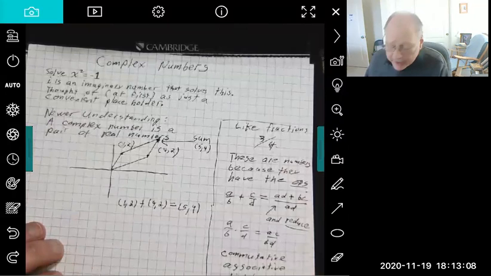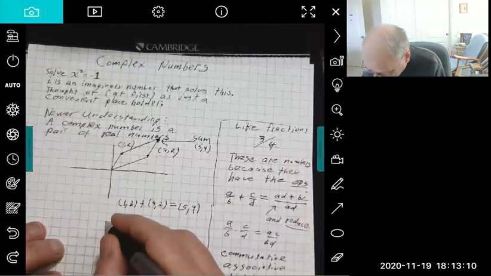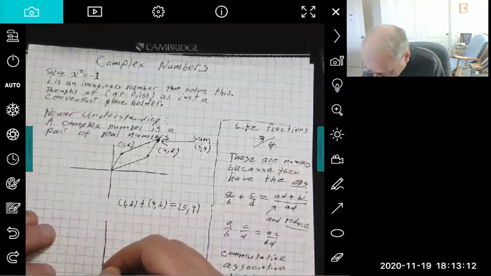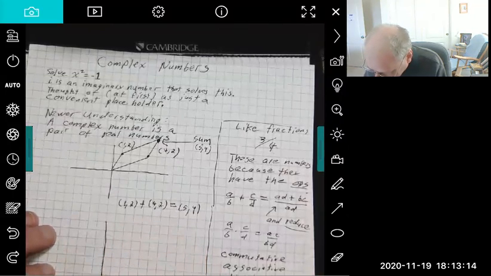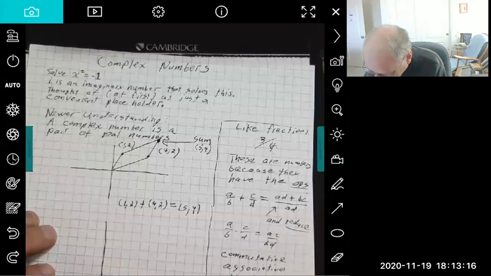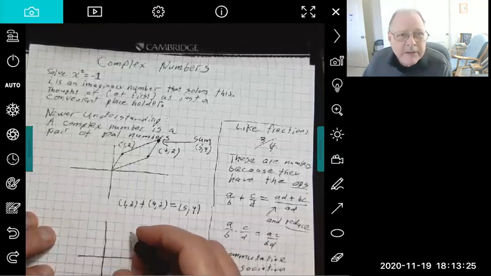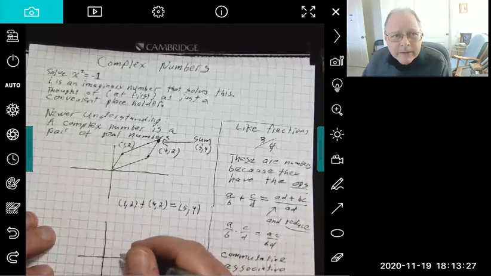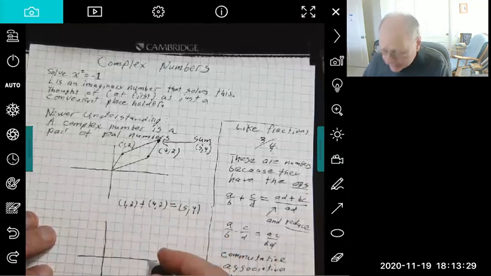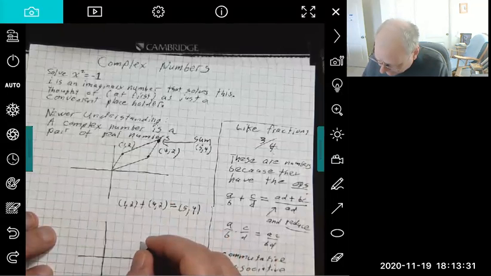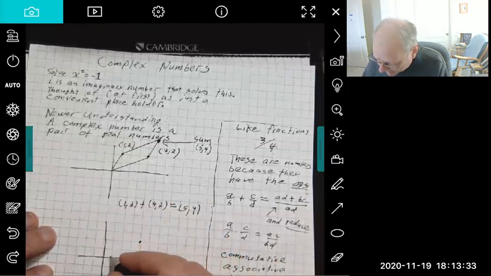And then the way you multiply, it's easier to do this with angular coordinates. Say you've got a point out here.